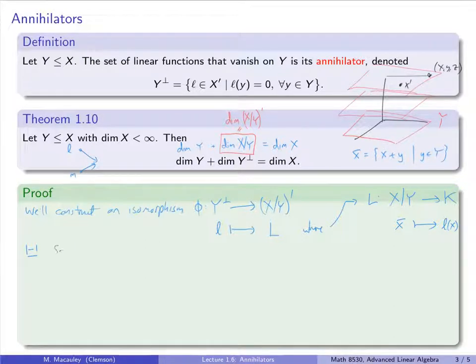So in other words, let's say that phi of L equals phi of M. So what that means is that this function L that maps x bar to L of x is the same as M, which maps x bar to M of x. So in other words, L and M are the same linear function. And so I think that's clear enough that therefore L and M have to be the same.